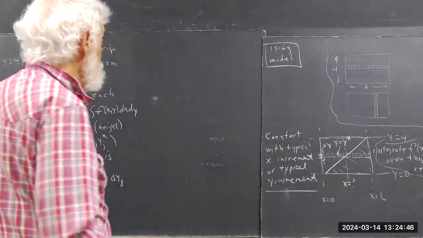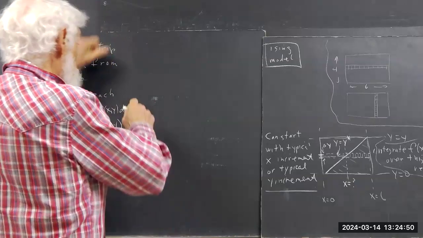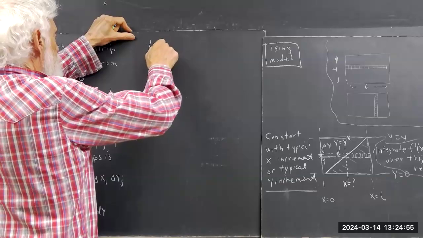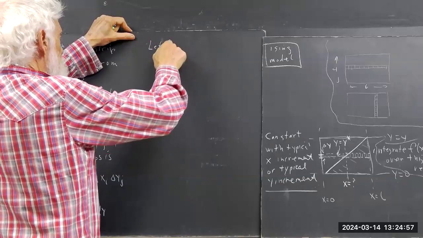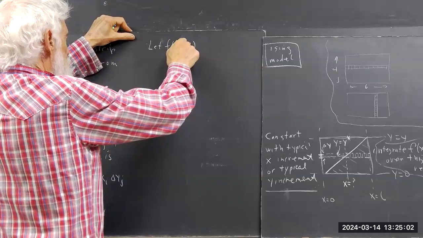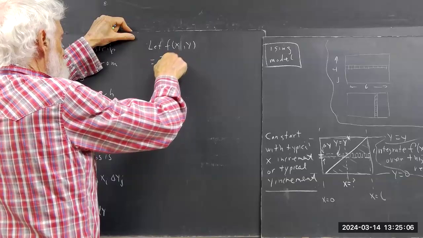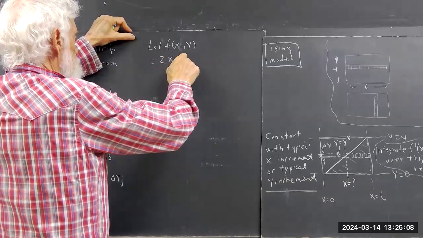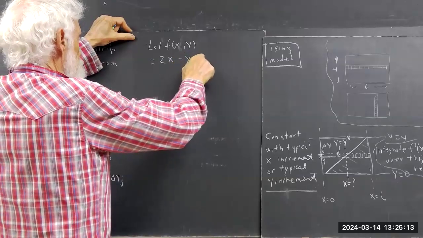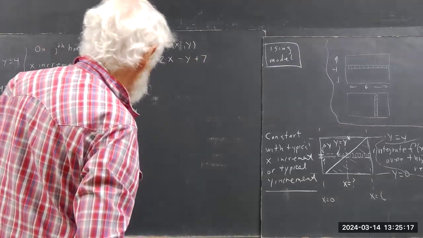It's not more difficult. Let's take a plane, 2x minus y plus 7.